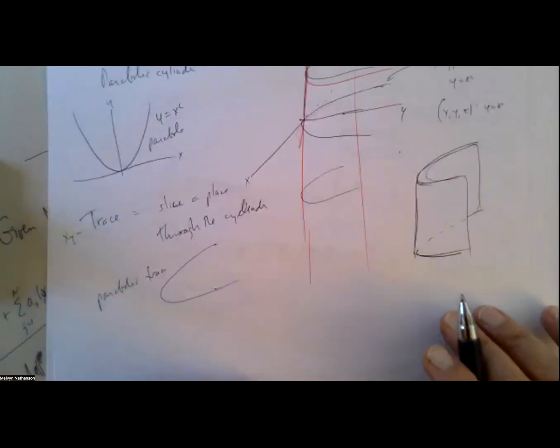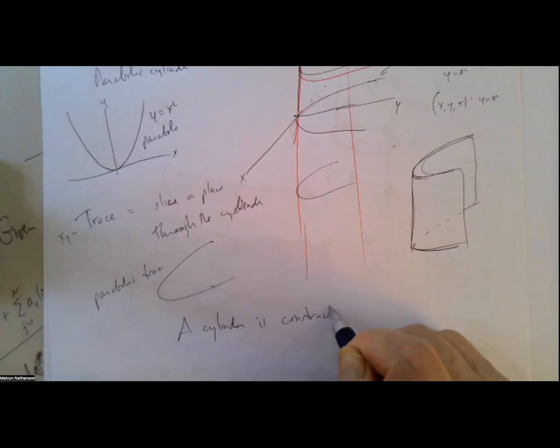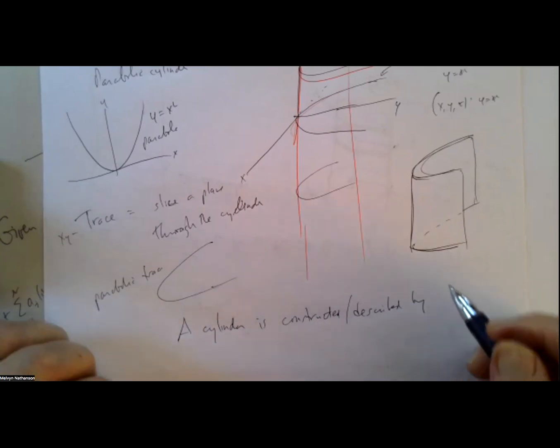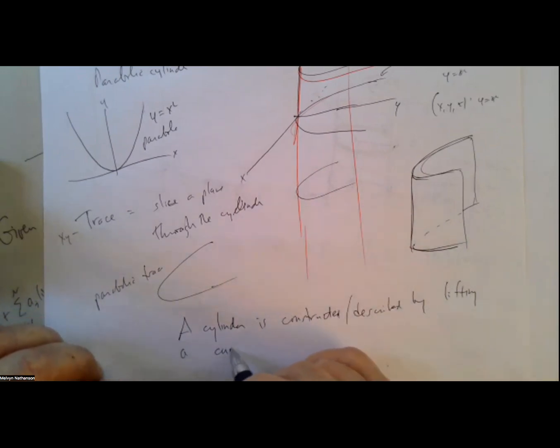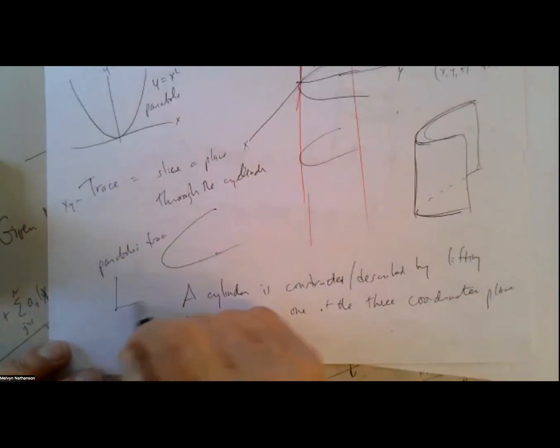So a cylinder is constructed or described by lifting a curve in one of the three coordinate planes. What are the coordinate planes?